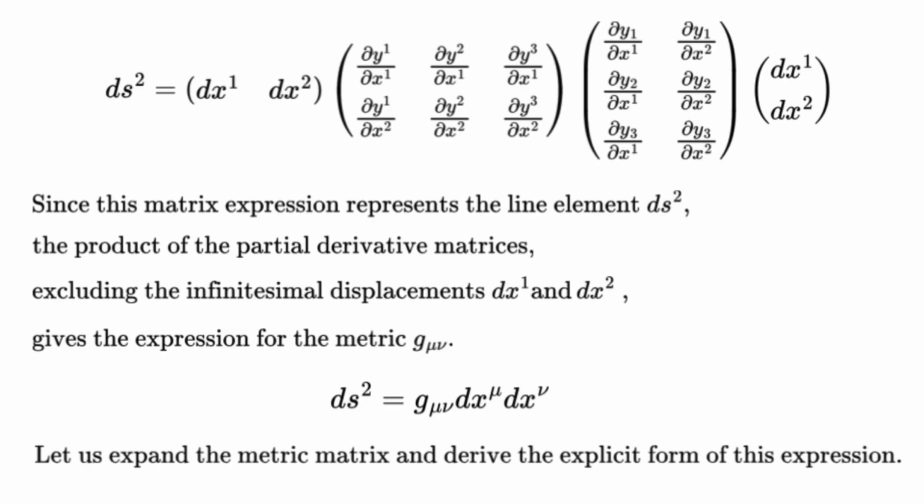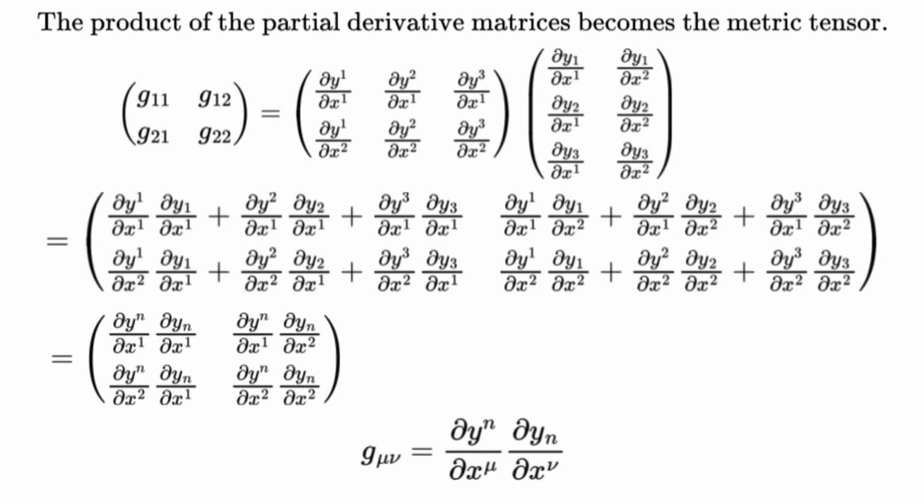Let us expand the metric matrix and derive the explicit form of this expression. The product of the partial derivative matrices becomes the metric tensor. We expand the metric matrix.